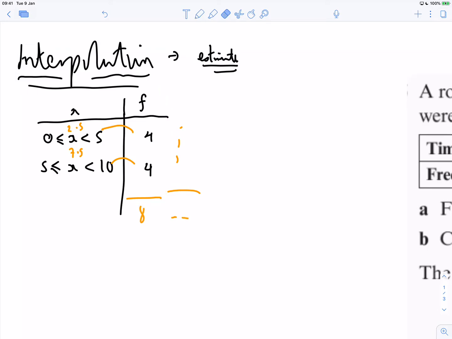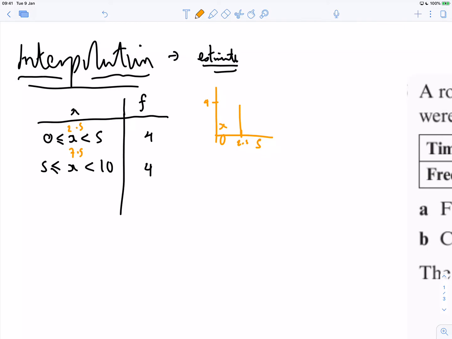What I'm actually doing there, the reason why it's an estimate, is because I'm saying I don't care what the actual values are. I'm just going to take this class from 0 to 5, and if there are 4 things in it, I'm just going to assume that there are 4 things at 2.5, the middle point.